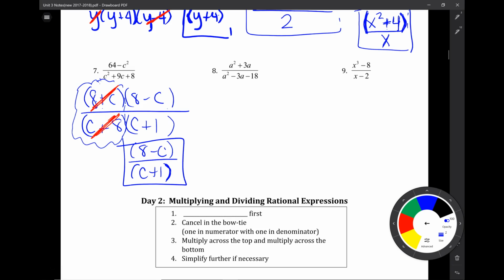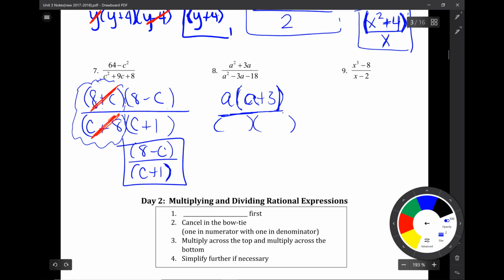All right, number 8, the numerator has a GCF. Pretty easy. Denominator is double bubble. Multiplies to 18, adds to negative 3. So 6 times 3 is 18, a negative 6 and a positive 3.